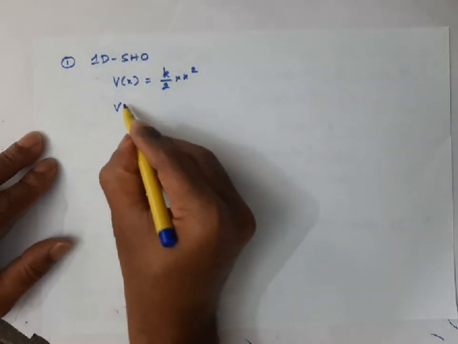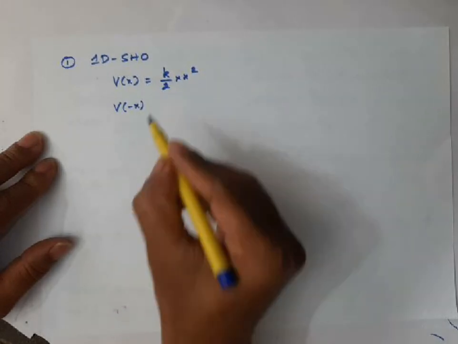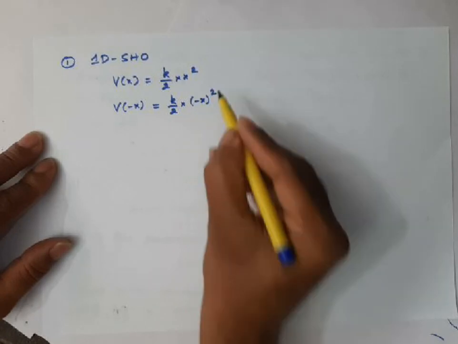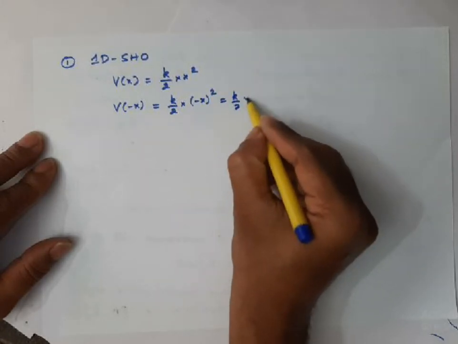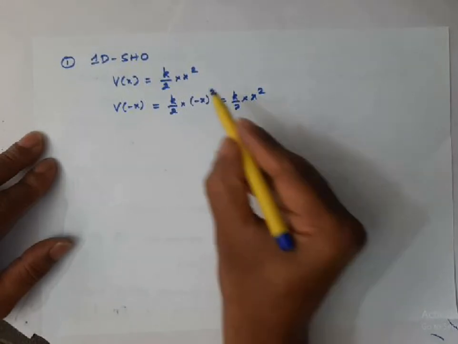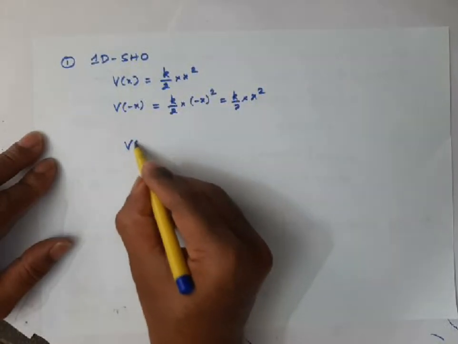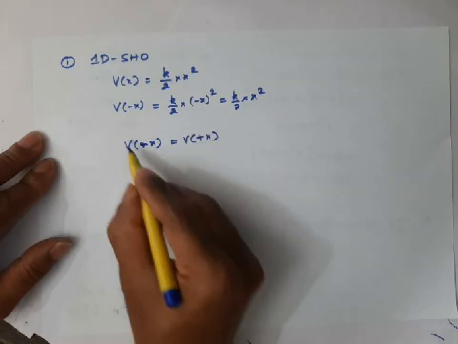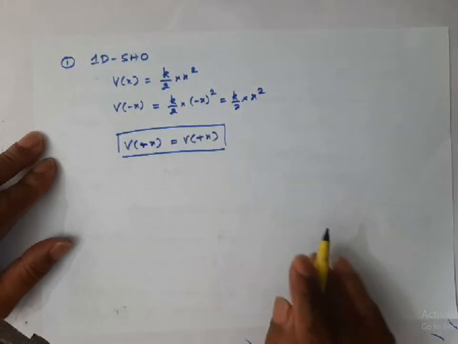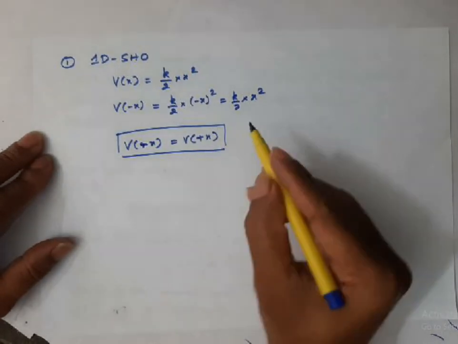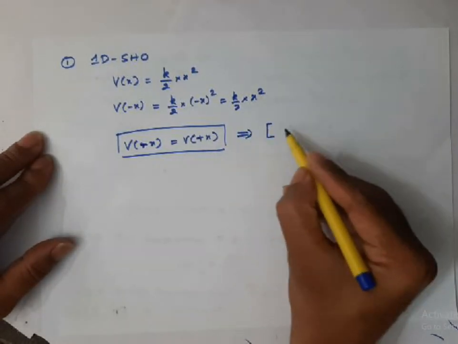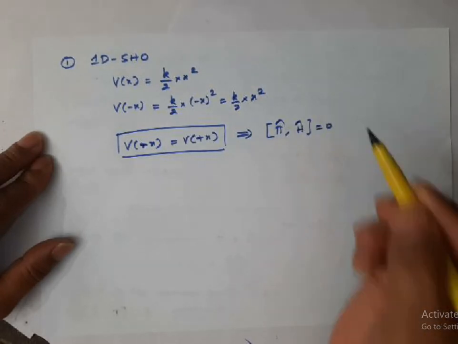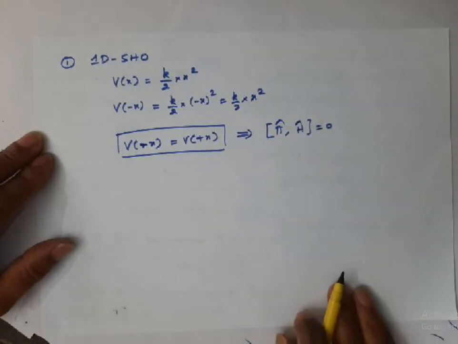If I change x to minus x, minus x square is x square only, so I get the same function. That means V of minus x equals V of x in the one-dimensional simple harmonic oscillator. Therefore the parity operator and the Hamiltonian operator commute with each other and have a common set of eigenfunctions.